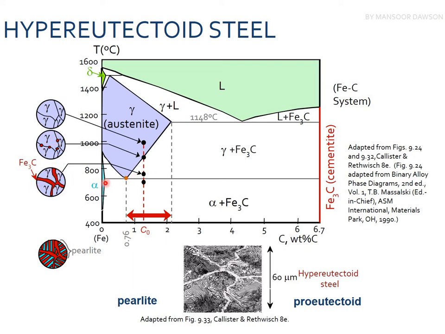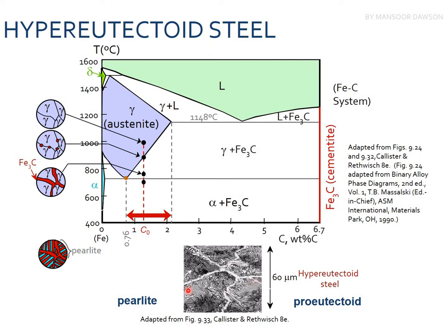After this line, the 727 eutectoid temperature, below that you can see the lamellae have appeared from austenite, of cementite and ferrite, but there is still the proeutectoid cementite in the microstructure.